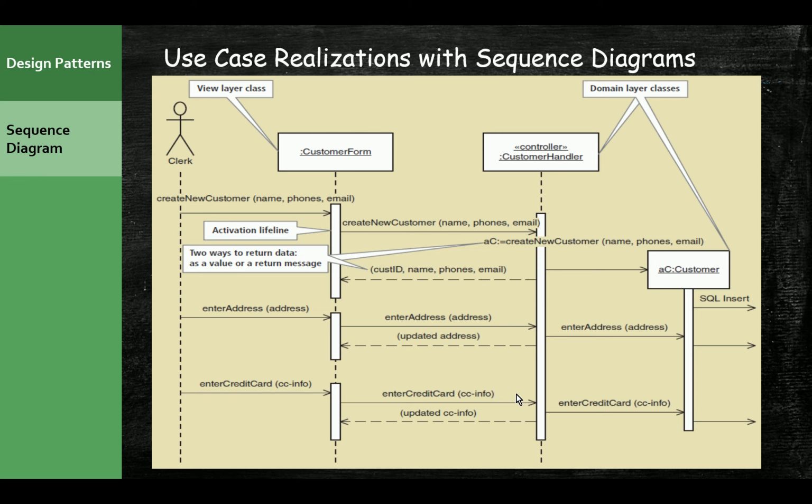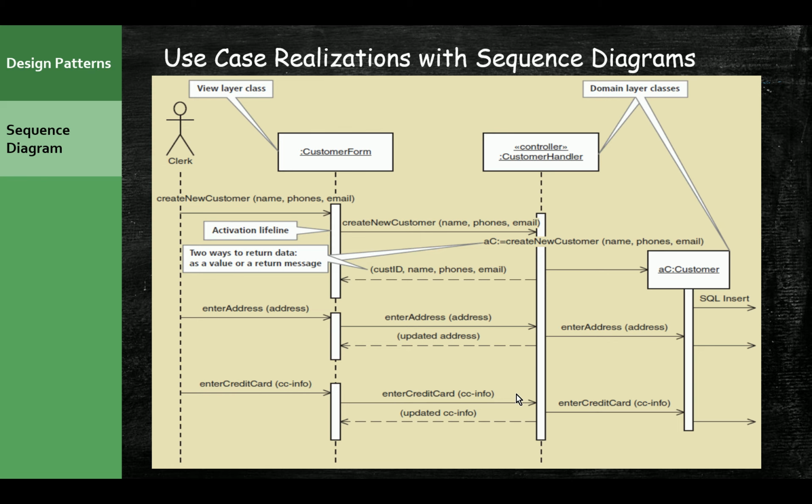There's an object reference there where you see the AC equals. That is an object it's getting back, so we should be getting back a customer ID, a name, a phone, and an email, all in that object. And notice as well that when create new customer is called on the customer handler, it actually goes back and works with the customer object itself.